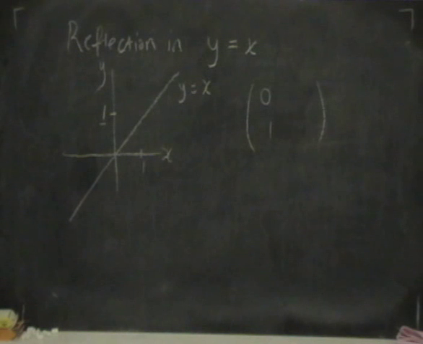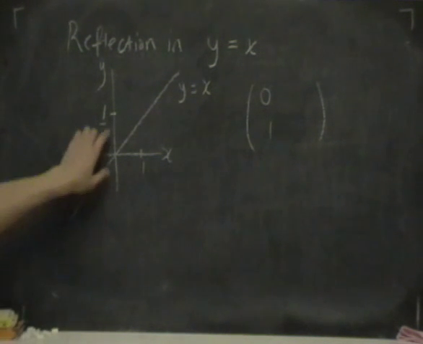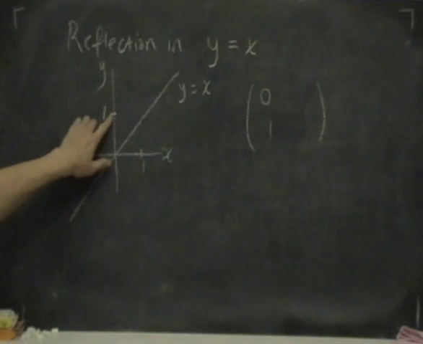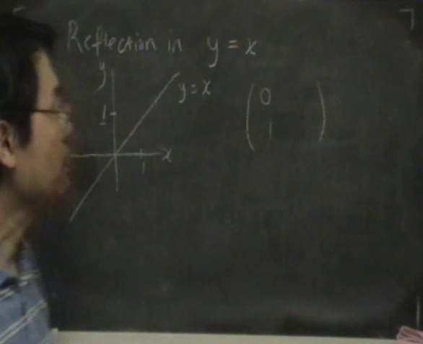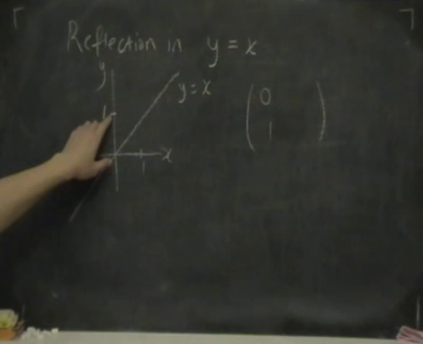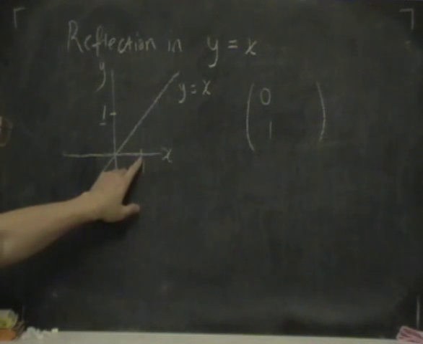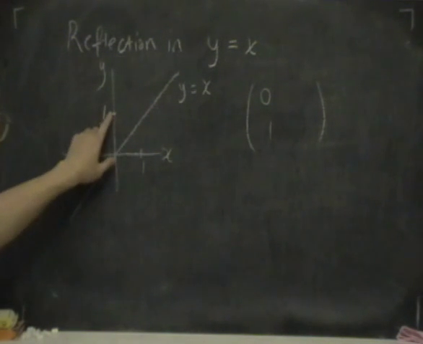That's my first column. Now let's go to the next point, the point 1 on the y-axis. The image of that point should give me the second column. So clearly, if that point is the image of this point, then this point must be the image of that point.